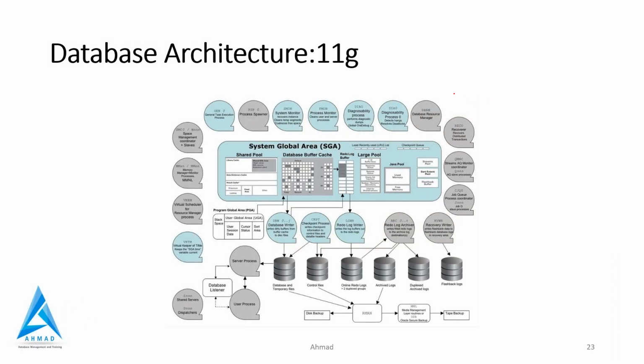Now come to database architecture 11G, which is the best database after 9i, and it has multiple things, but in that Oracle did not add anything, only it added the result cache.